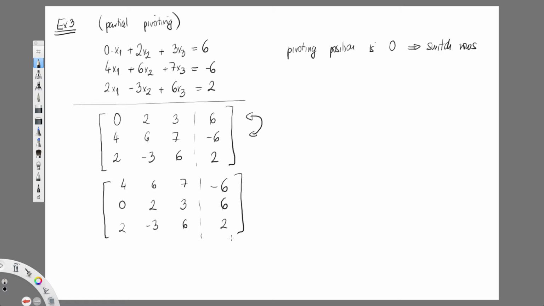So this is now what I work with. It's actually cool because if I want to make this into an upper triangular system, that means that I want all of the coefficients below the diagonal to be 0. So this problem for me is already solved. With the second row, I can just proceed in attacking 2. So what will I do? Negative 2 times row 3 plus row 1.